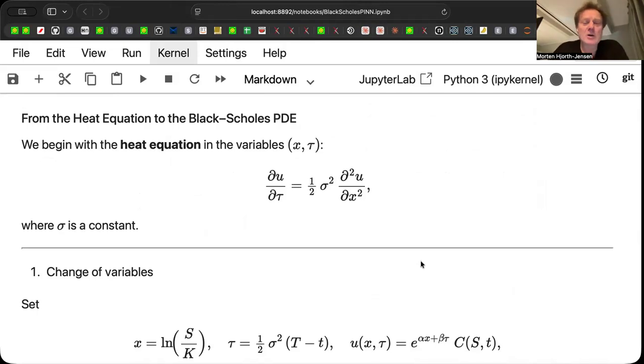So let us now take a closer look at the Black-Scholes equation itself and just quickly remind ourselves about the heat equation. Now, if you look at the Jupyter notebook and what comes after the basic introduction to the Black-Scholes equations, there are lots of numerical experiments in the Jupyter notebook itself.